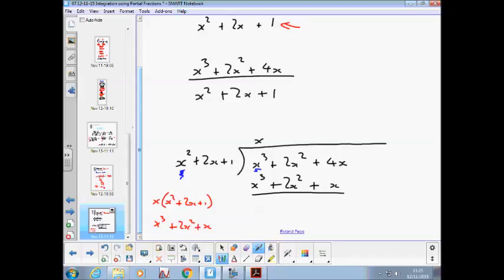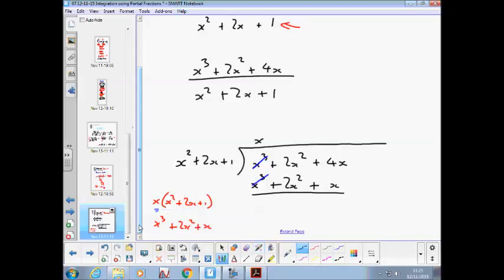The whole point of asking myself that question was so that these were the same, and when I do the subtraction to find the remainder, they disappear. If they don't disappear, you didn't multiply this term by the right thing. So if they don't cancel out, you've gone wrong.